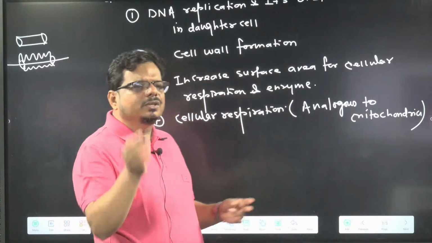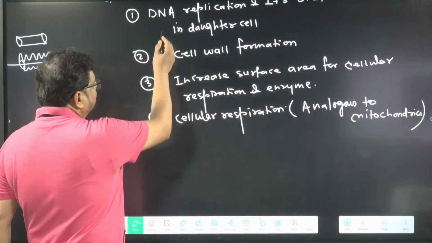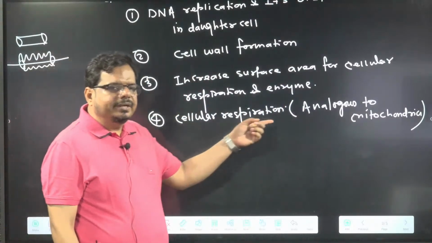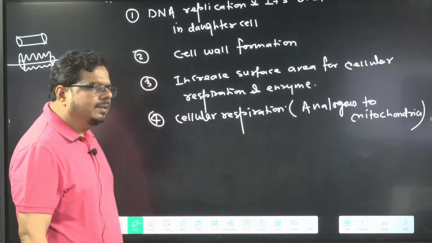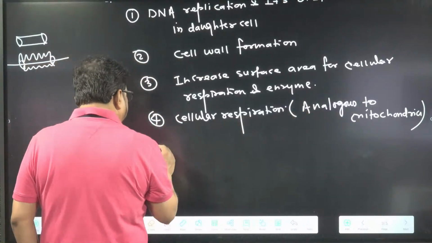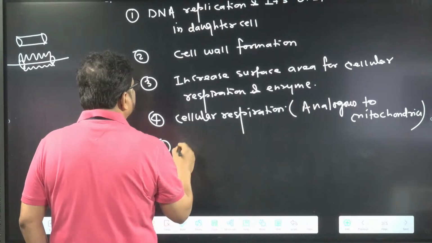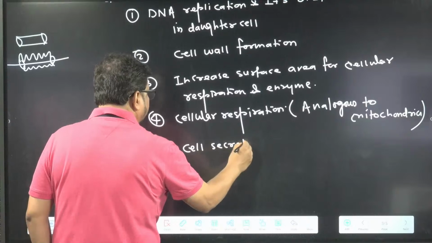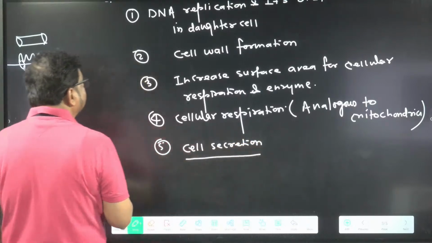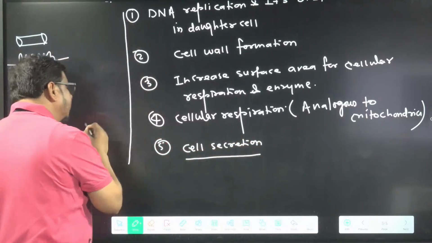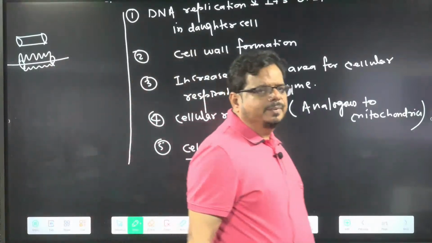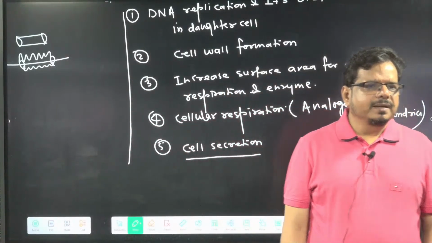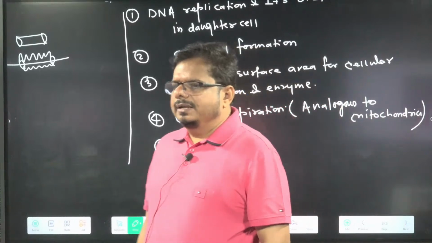So who is doing the job of mitochondria here? Mesosome. That's the reason I wrote here it is analogous to mitochondria. Another function performed by the mesosome is cell secretion. So these are some of the functions associated with mesosome.